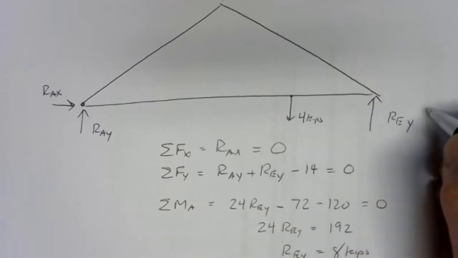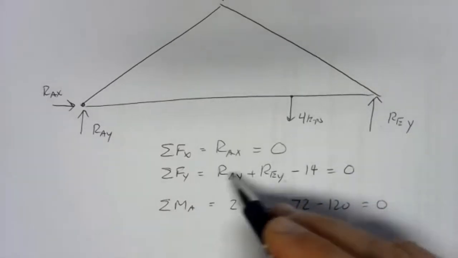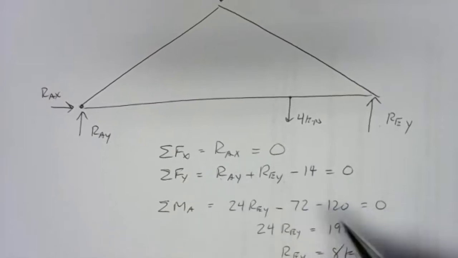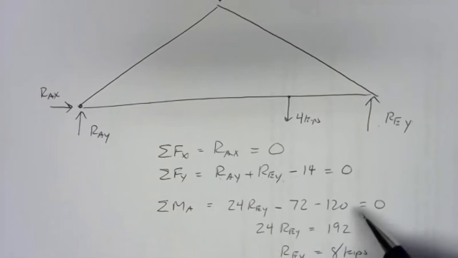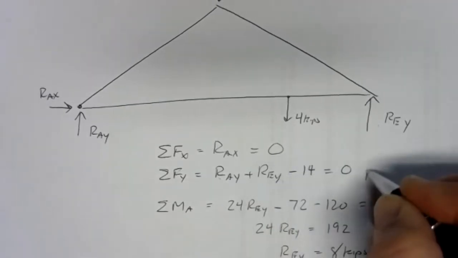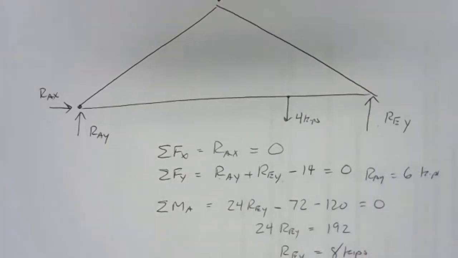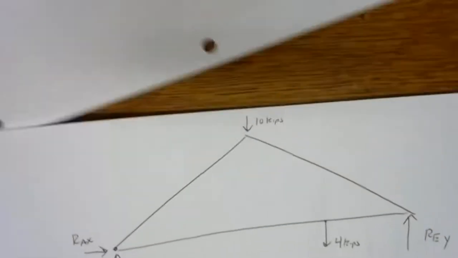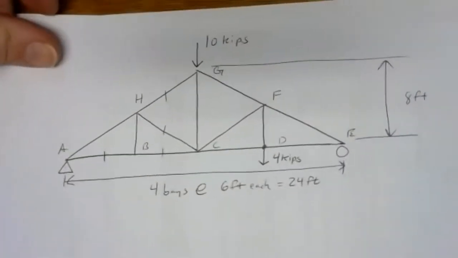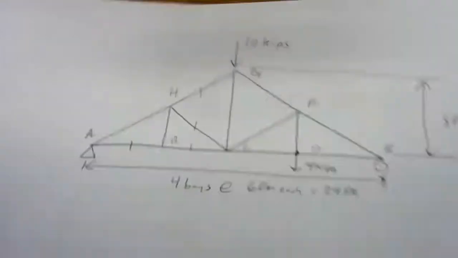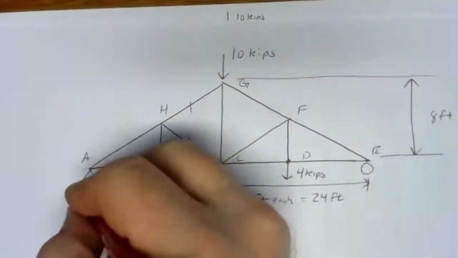So if our REY is 8 kips, we can go back to our y direction equation. What can we add to 8 kips in order to get to 14? Looks like 6. So our RAY is 6 kips. So we can go back to our original drawing here and draw that in. So our RAY was 6 kips.